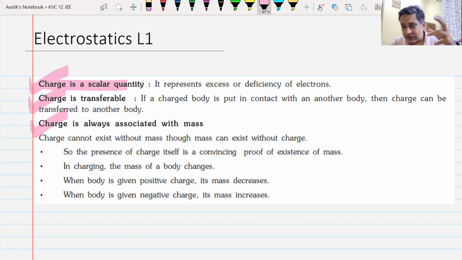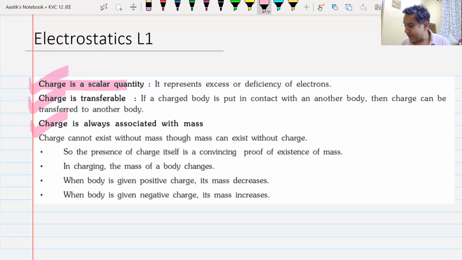Now, what do you mean by a body having no charge and a body which is neutral? A body having no charge means it does not have any charge at all. It does not have positive charge. It does not have negative charge. Can you name a body which has got no charge?